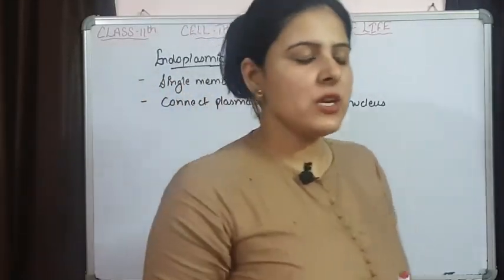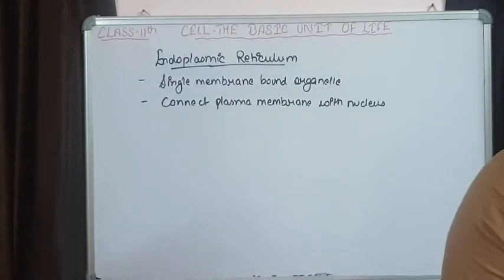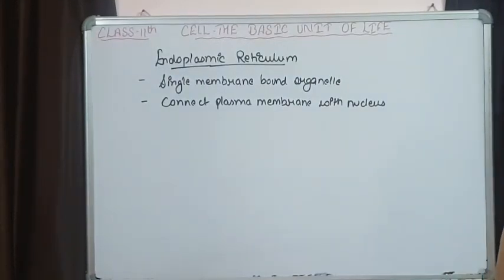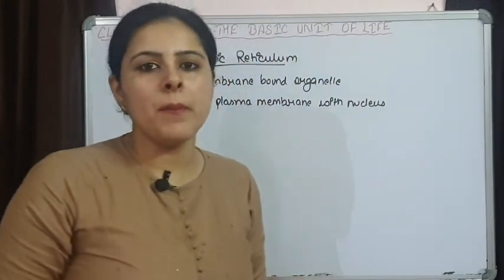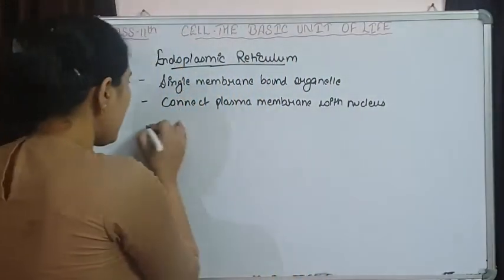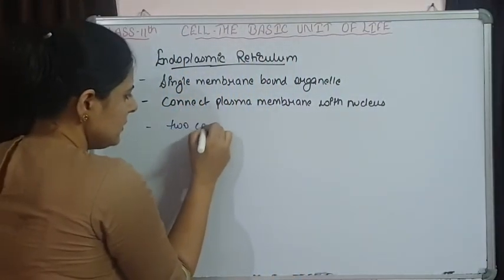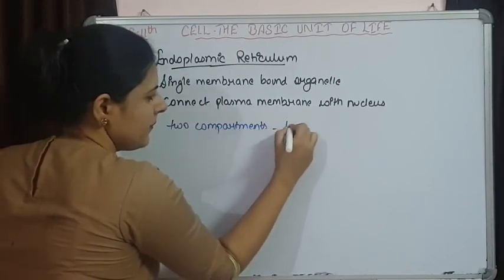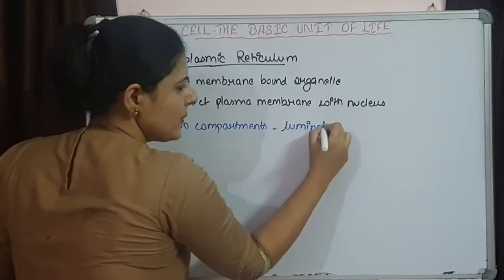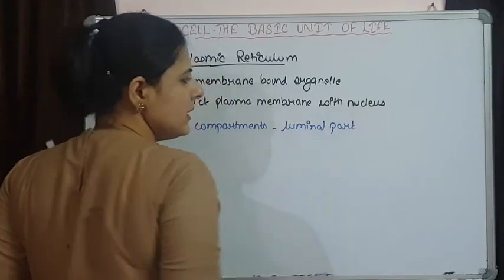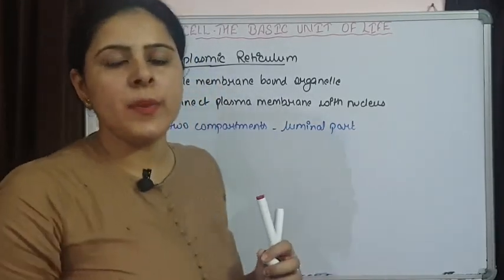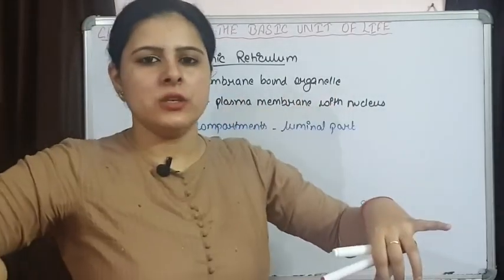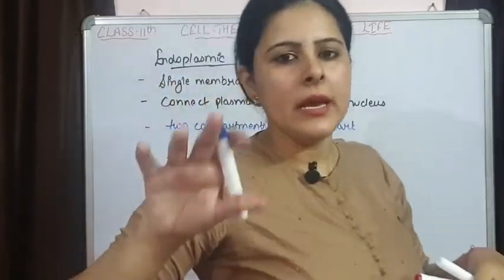Plus extra, this endoplasmic reticulum is a large size organelle that is going to divide the cell into two compartments: the luminal part, where this endoplasmic reticulum is present, and the extraluminal part, the other region except this endoplasmic reticulum.